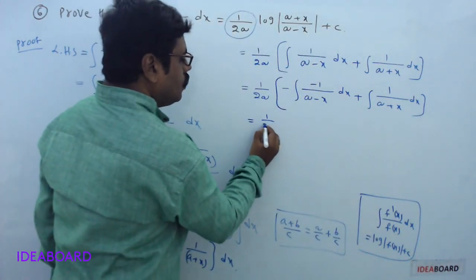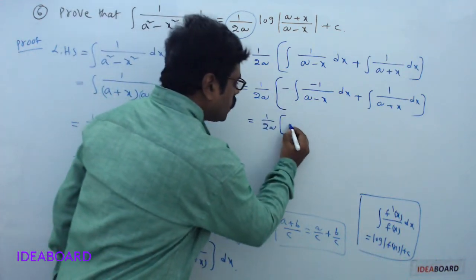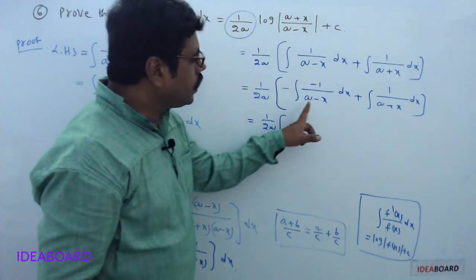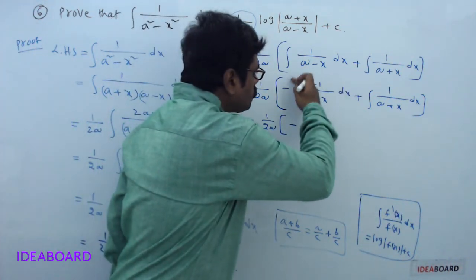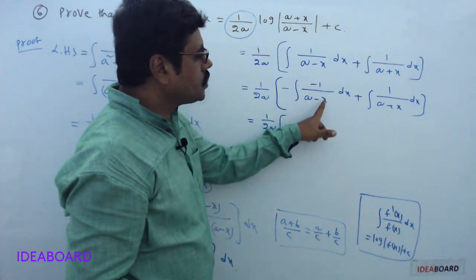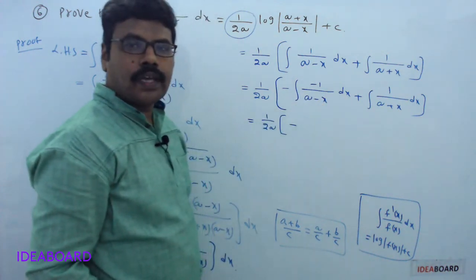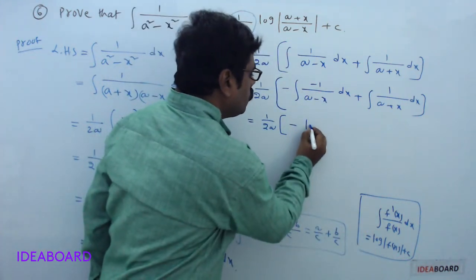Now this is equal to 1 divided by 2a into, write down this negative sign. Clearly, the derivative of a minus x is minus 1. Now this first term is of the form integral f dash of x divided by f of x dx. So by using this formula, what is this value?